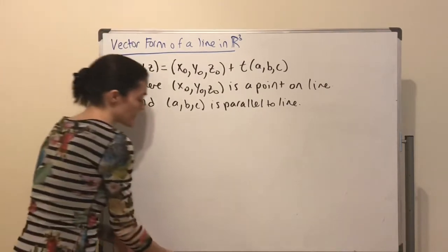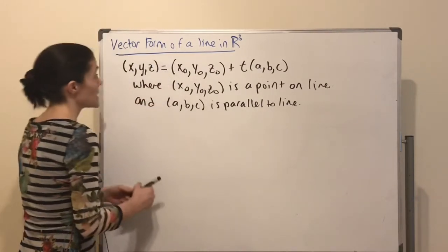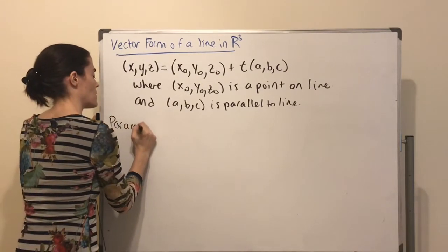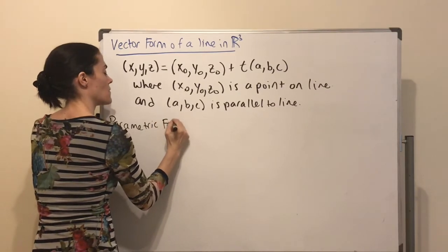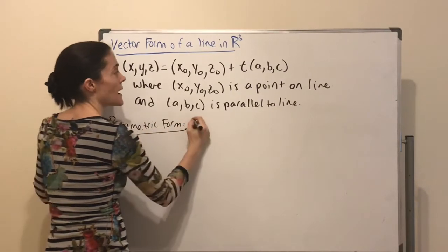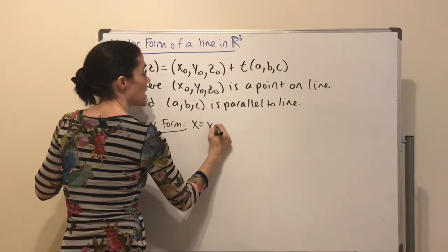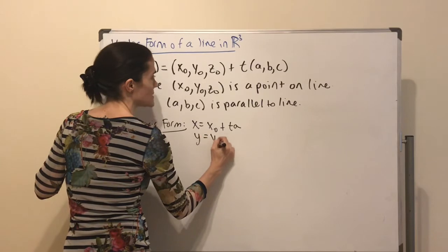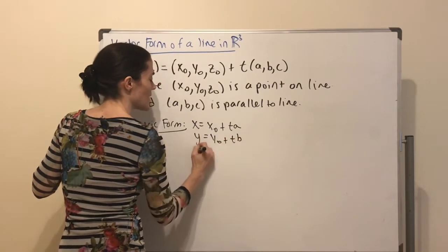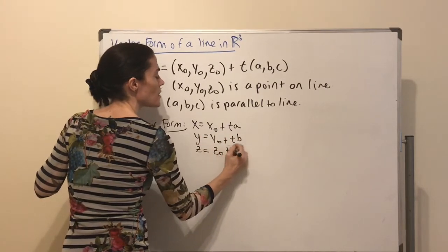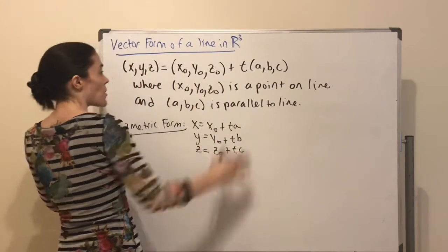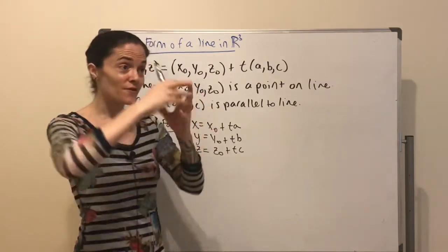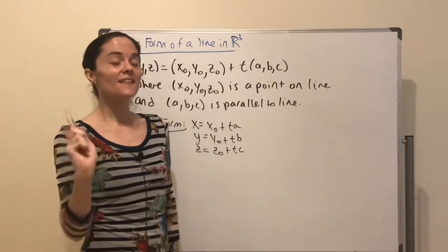And similarly, if we want the parametric form, we have x is x0 plus ta, y is y0 plus tb, and z is z0 plus tc. And in both of these, t goes between minus infinity and infinity to fill out the entire line.